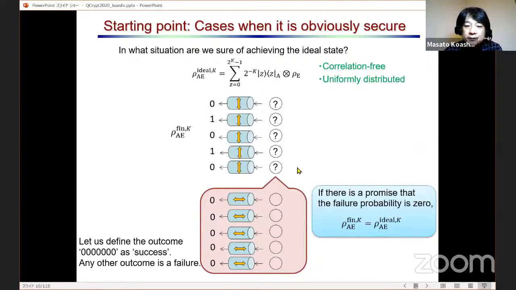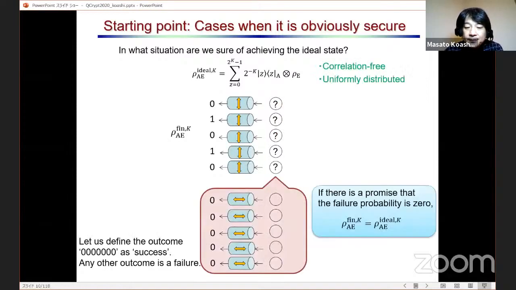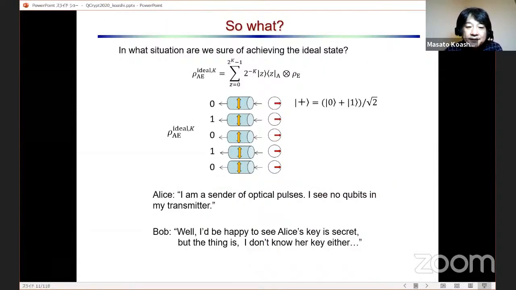This is almost trivial, but I will gradually extend this notion to cover the security of QKD. Of course, this theorem is too weak. Alice would have an objection, and Bob would also have complaints. But these complaints should be settled by the introduction of entanglement.